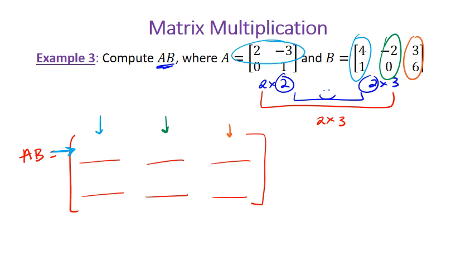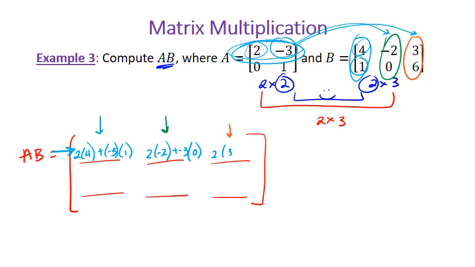We take 2 times 4 and add that to negative 3 times 1. Then I keep using the same row, but I move on to the next column. So 2 times negative 2 plus negative 3 times 0. Same row, last column. 2 times 3 plus negative 3 times 6.